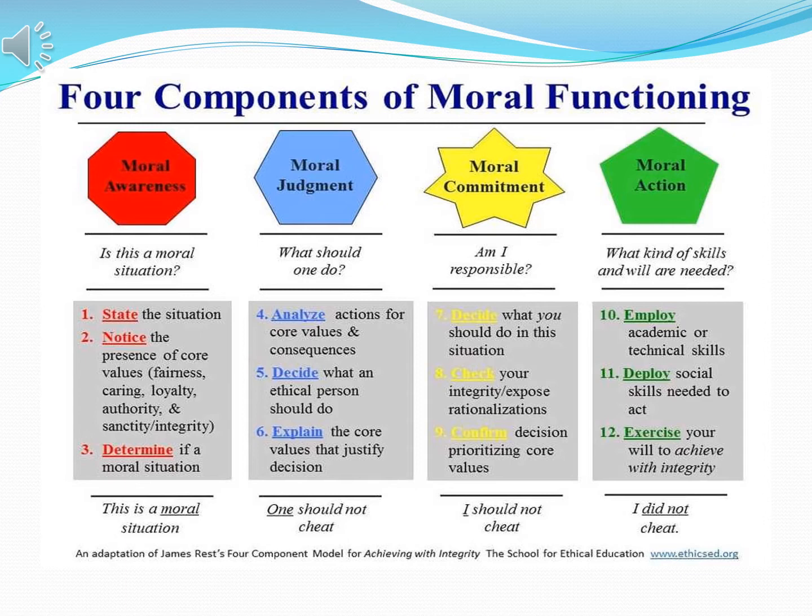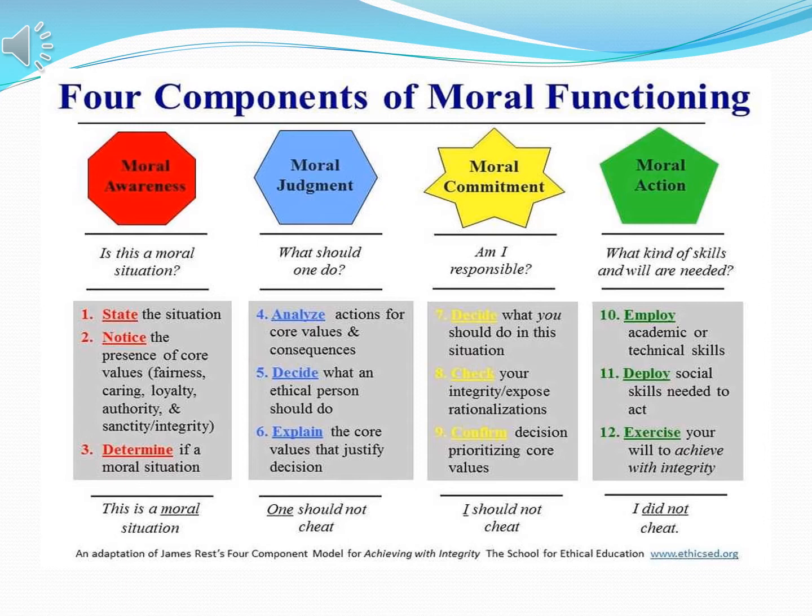Sanctity means you have to follow all the rules and regulations. And integrity, like you said, there should be no dishonesty of any kind in that. So analyze the action, the core values and consequences. What will be the consequences if you take a decision or a judgment like that?